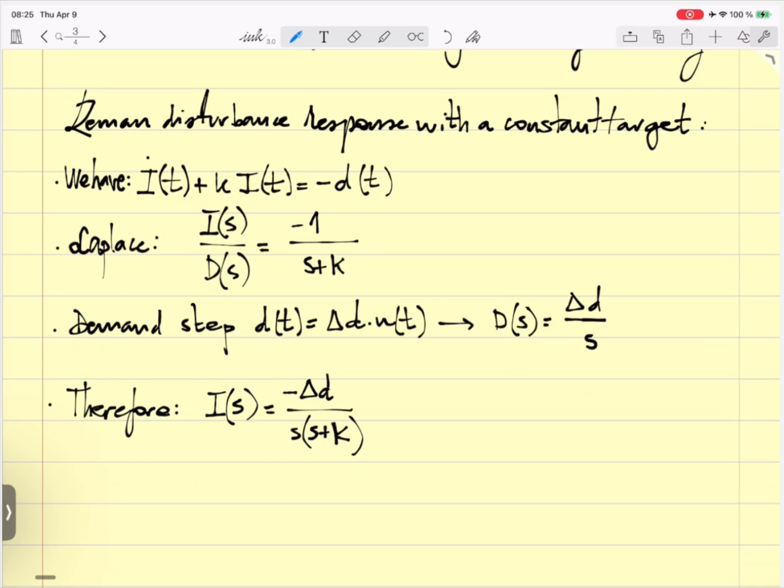And hence the inventory time equation is minus delta D divided by K times 1 minus e to the minus kt.